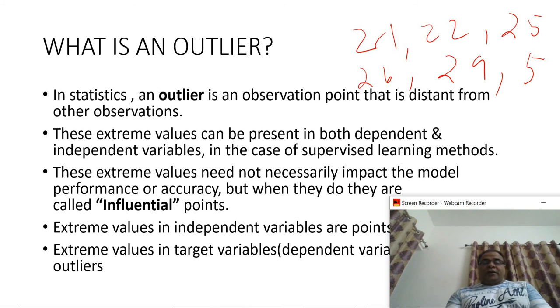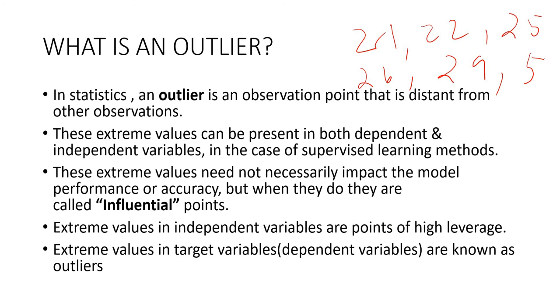One more point you need to understand here is that extreme values in independent variables are points of high leverage. If these extreme values are present in independent variables, we call them points of high leverage.